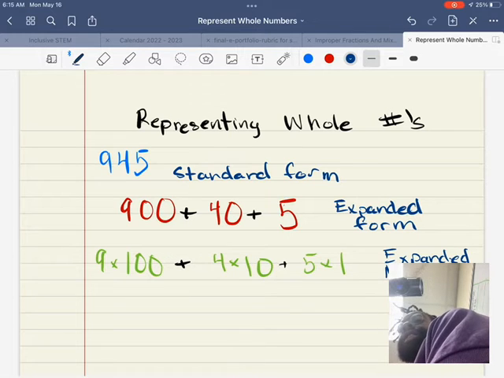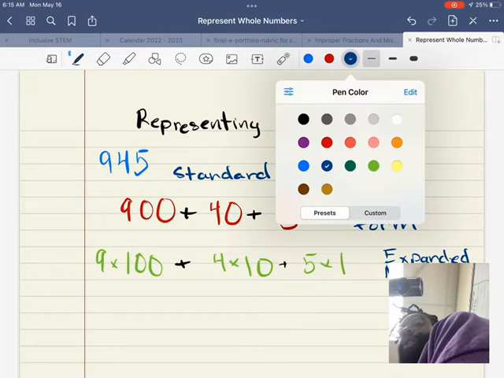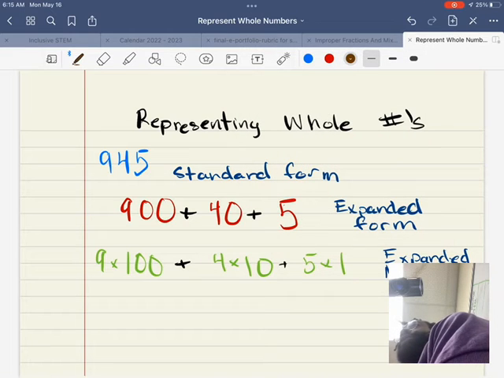Understanding the different parts that are within a number will help you do simple operations like adding, subtracting, multiplying, dividing. When you can break those apart, it really, really helps you out. There are still a couple more forms left that you will see. So we have standard, expanded form, expanded notation, and then next we're going to write out the number, and this is called our word form.